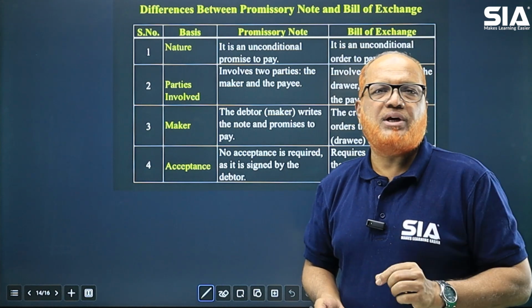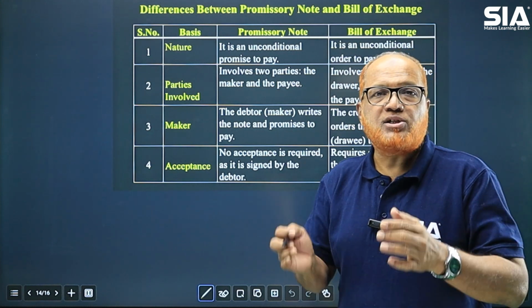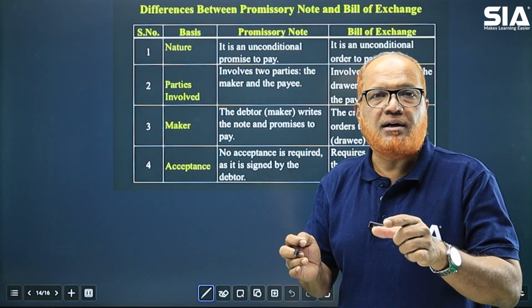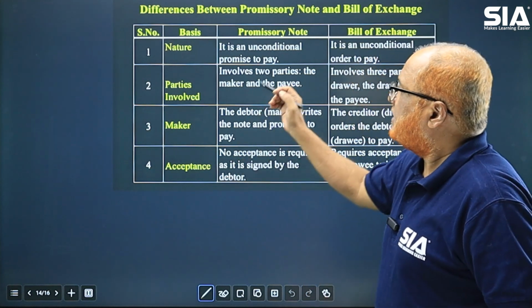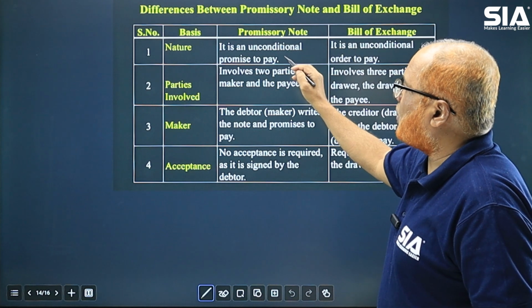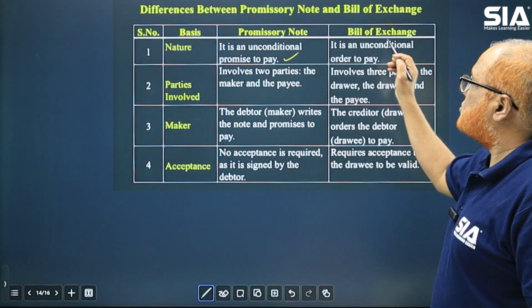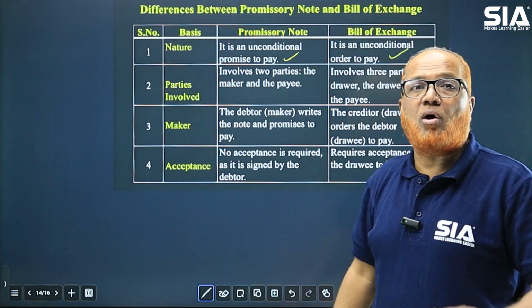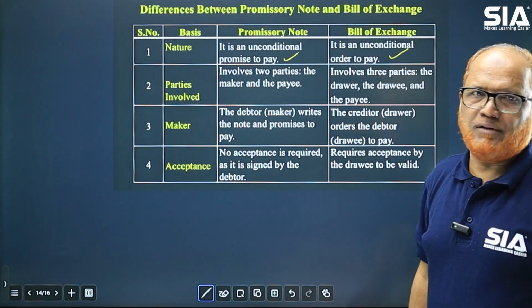A bill of exchange contains an order to pay, whereas a promissory note contains a promise to pay. So in a promissory note there is an unconditional promise to pay, whereas in a bill of exchange there is an unconditional order to pay. That's the first very important difference.